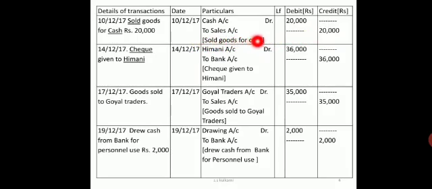Sold goods for cash. Next one you are having on 14th. Check given to Himani. Now we have seen, we have returned goods, we have paid to Himani. Again we are going to have the same transaction. So Himani's account is debited because check is paid.